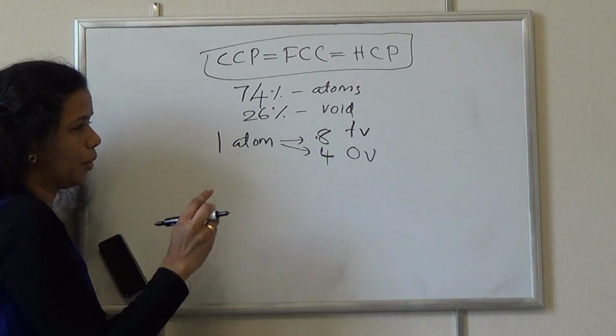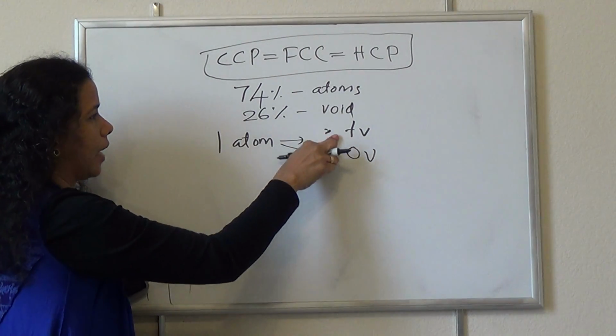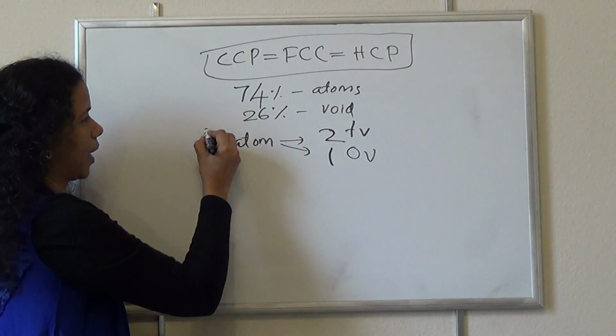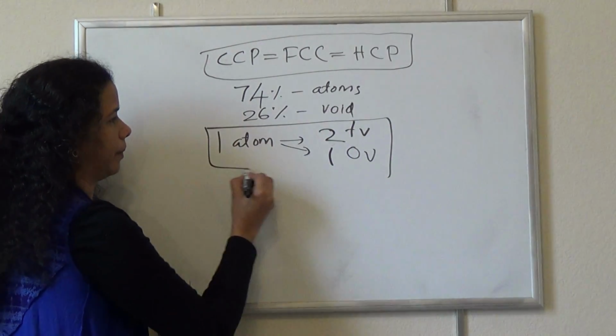Note, in a unit cell, per atom there will be 2 tetrahedral voids and 1 octahedral void. You have to learn this by heart.